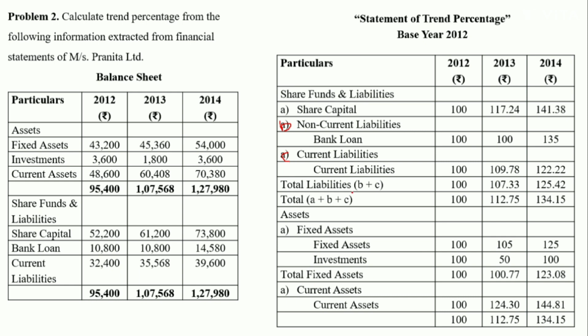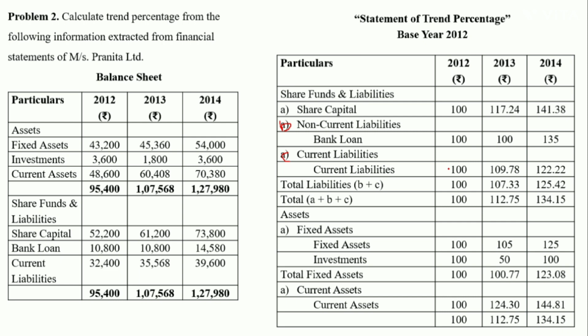Total liability means non-current liability and current liability. Total of 10,800 plus 32,400, that we have to calculate for finding the total liability trend percentage.